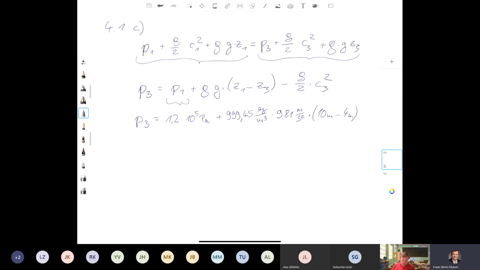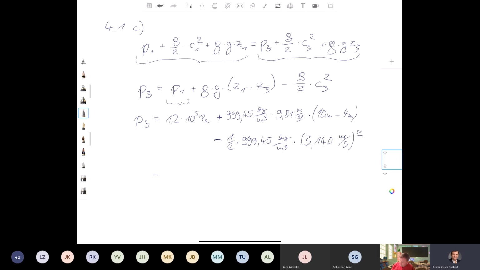Okay. And minus, this is plus, we need a minus here, 999.45 kilograms per cubic meter times 3.140 meters per second squared.